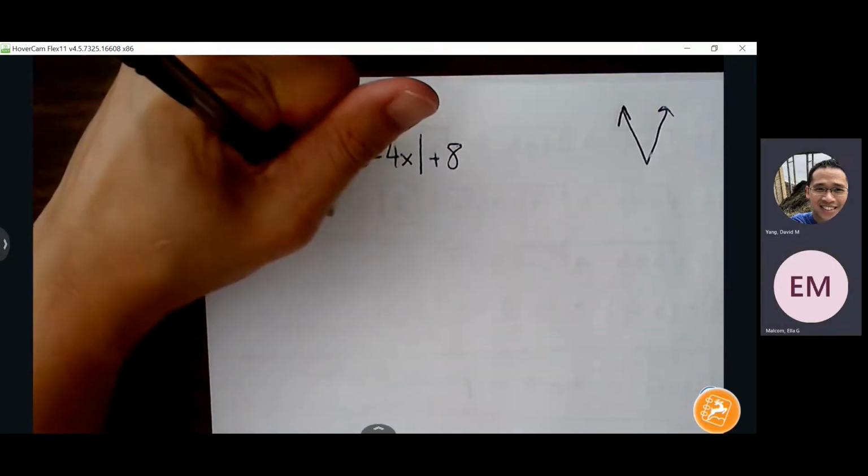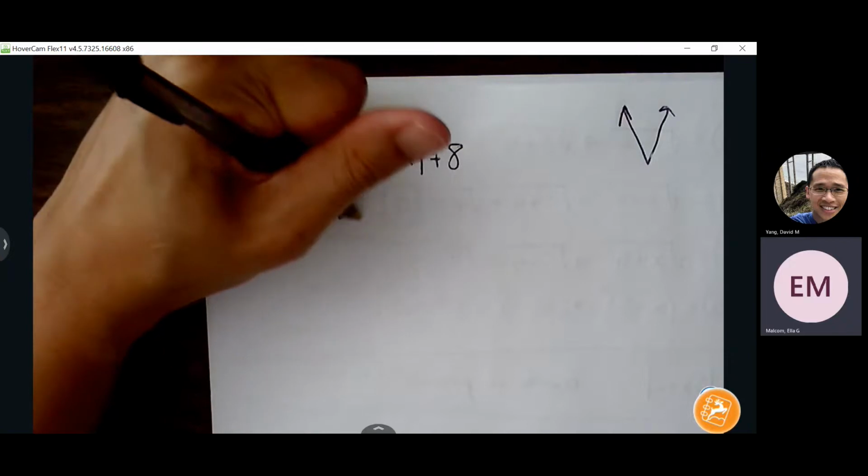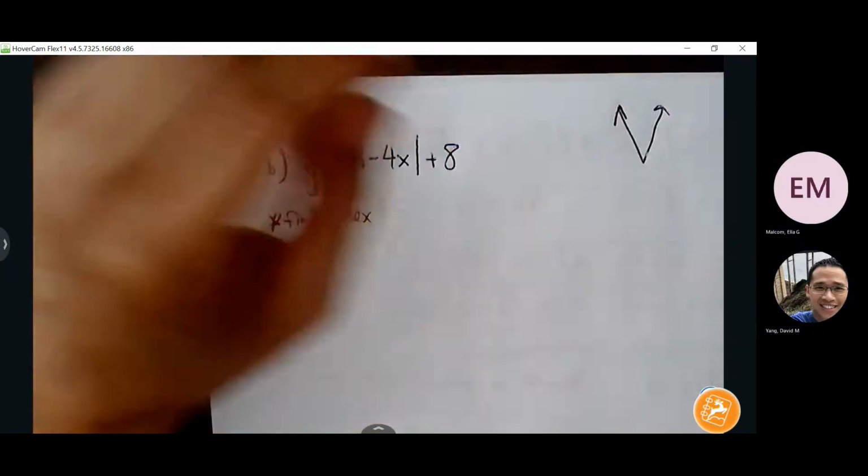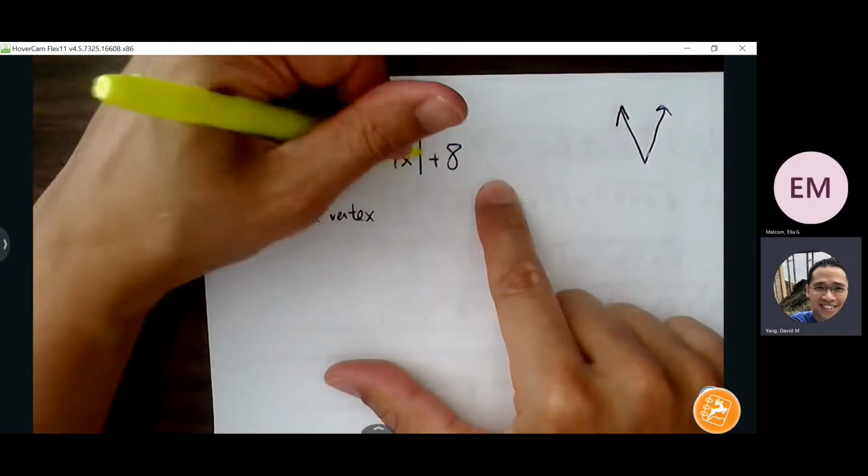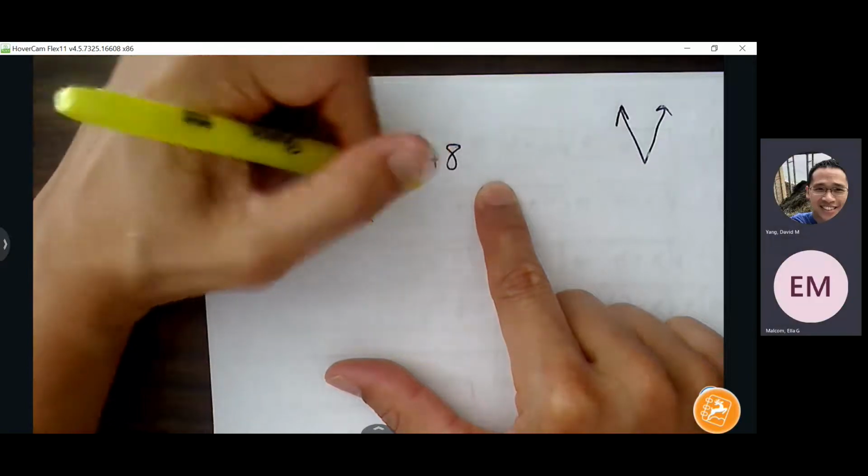Okay, so we have to set that whole thing equal to 0? Just what's inside the absolute value bar. That's the only place you gotta look.